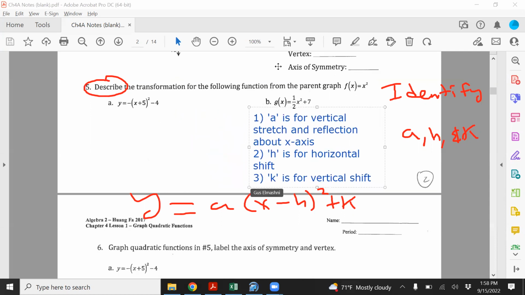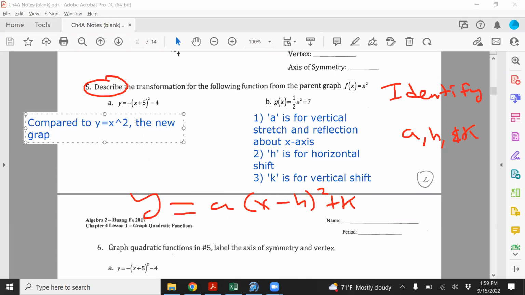I didn't really do this that well with absolute value because I didn't think it was going to be in those notes, but I did anticipate this one. So here's what I want you to say: compared to y equals x squared, the new graph will be transformed in the following manner.